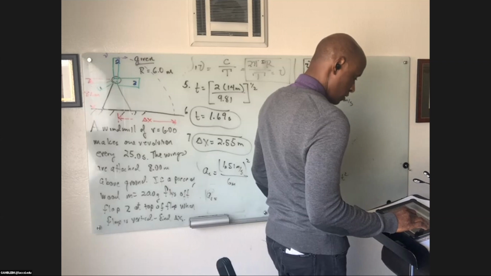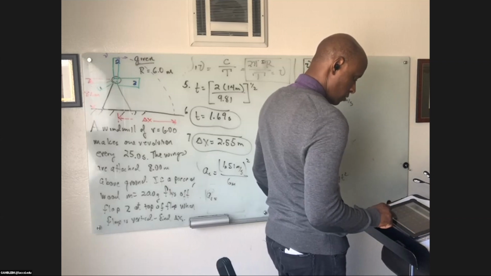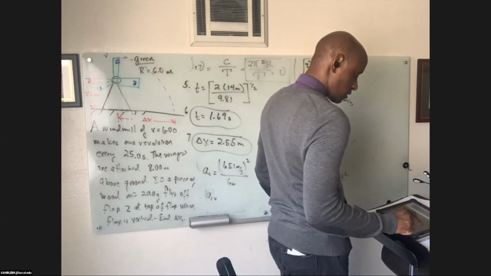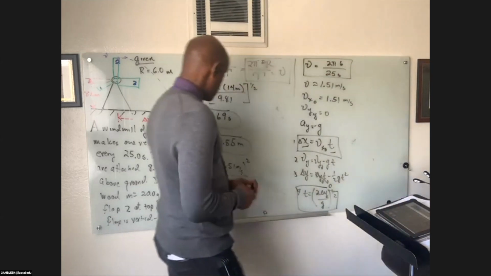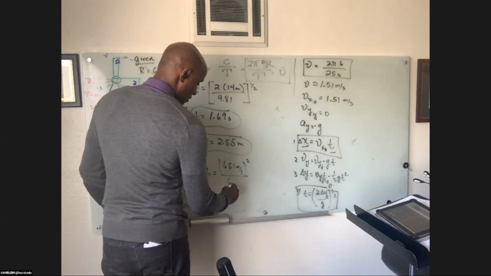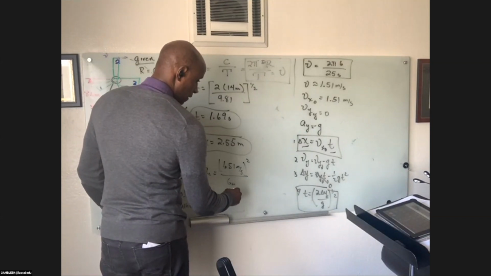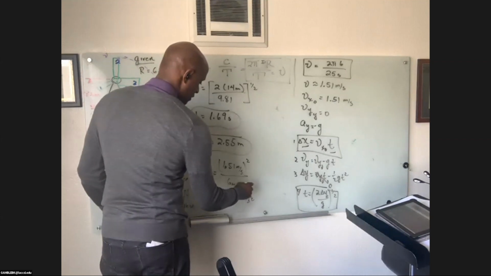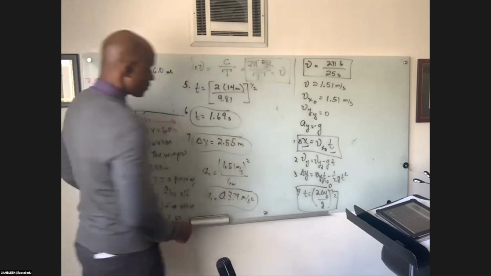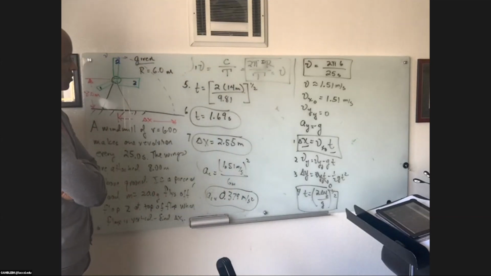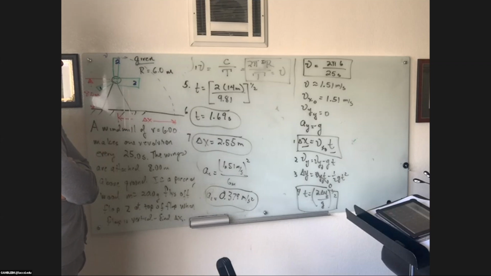So square that and then divide by 6. Wow, so it shows you it's a very small acceleration, 0.3379 meters per second squared. And I think that's actually a reasonable number. Not even 1 meter per second squared would you experience, not even a half in a situation like that.